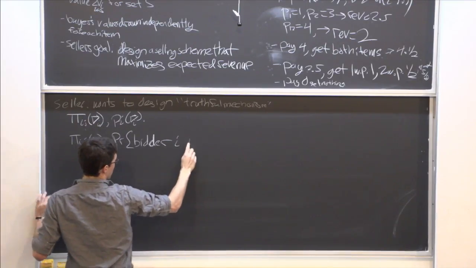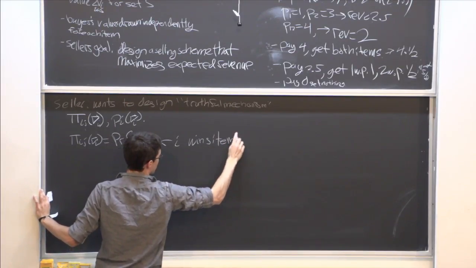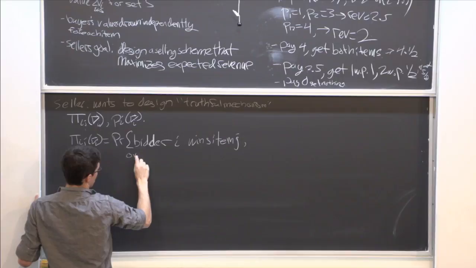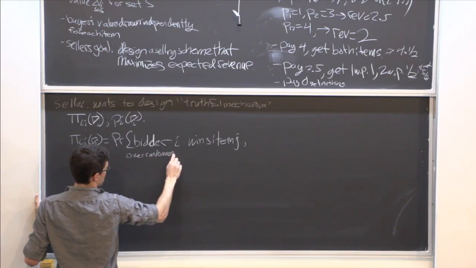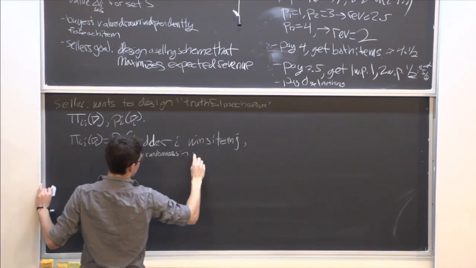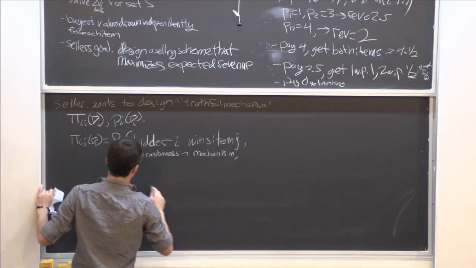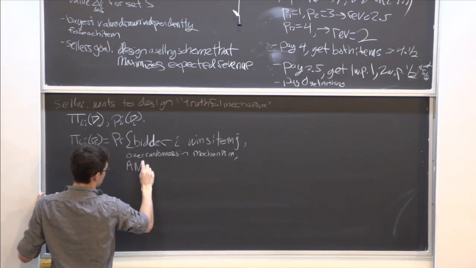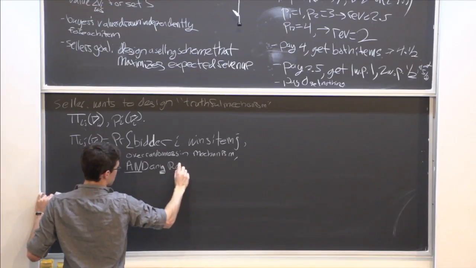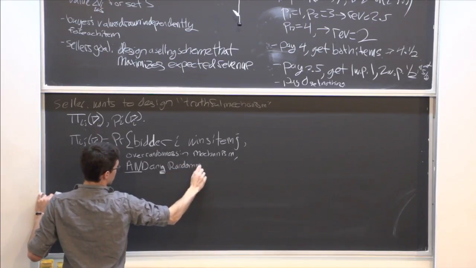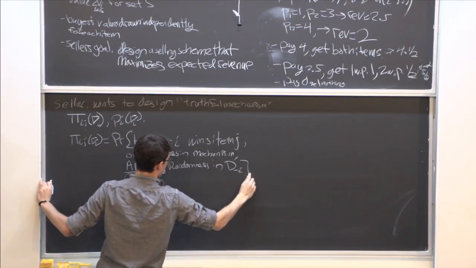Probability that bidder i wins item j over any randomness in the mechanism and any randomness in, I'll say, d minus i.